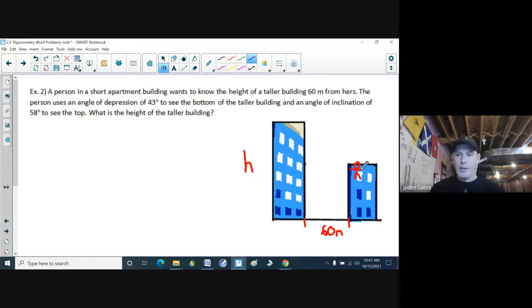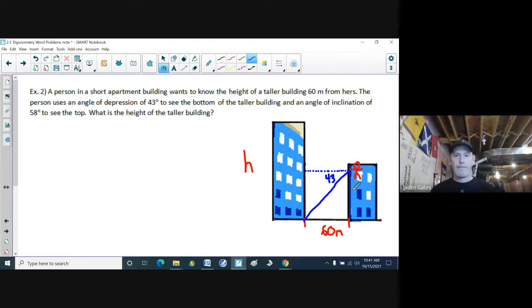The person in red here uses an angle of depression to see the bottom of the taller building. Okay, so again, straight across is normal vision. But if we're looking down to see the bottom of the taller building, that angle is 43 degrees, that angle of depression.